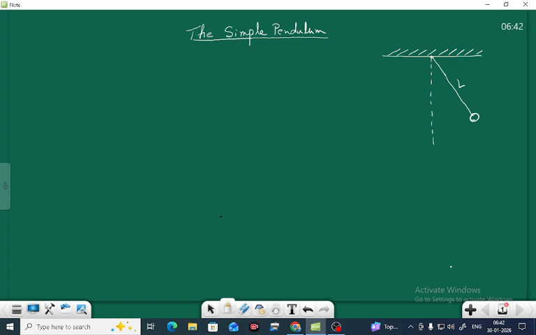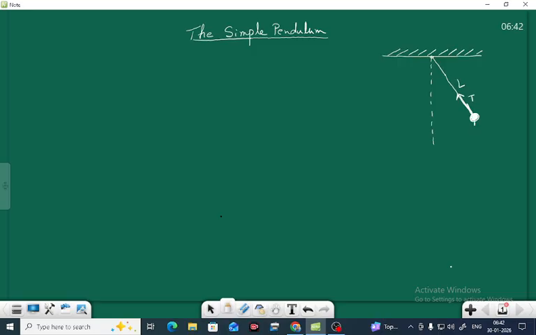Suppose one tension T is acting in this direction, towards the rigid support. This tension T is towards the rigid support.